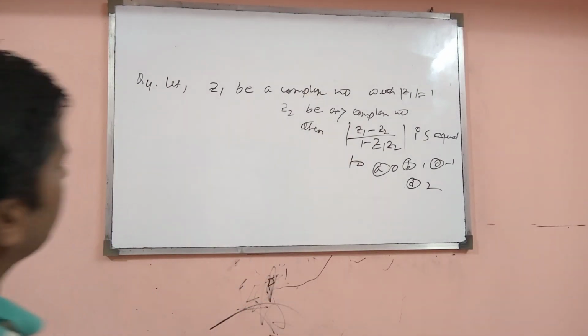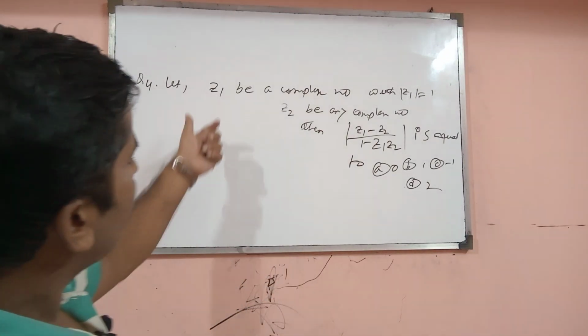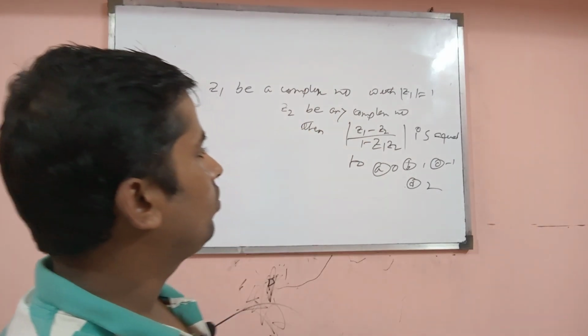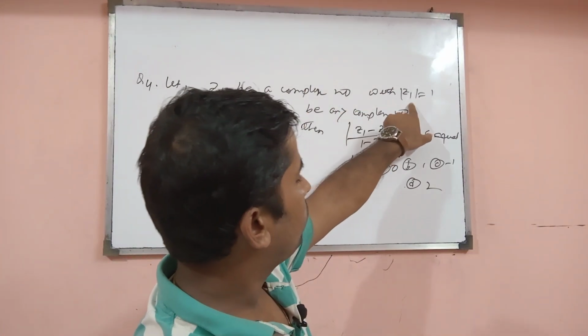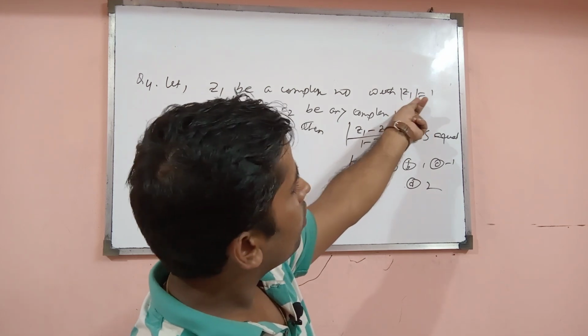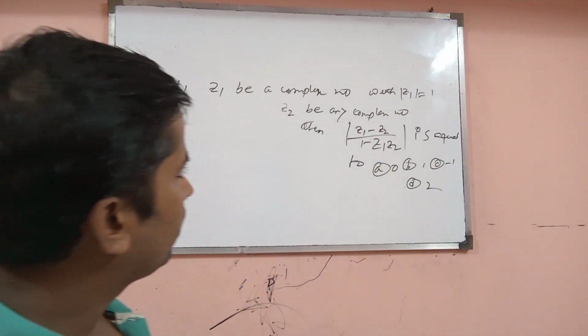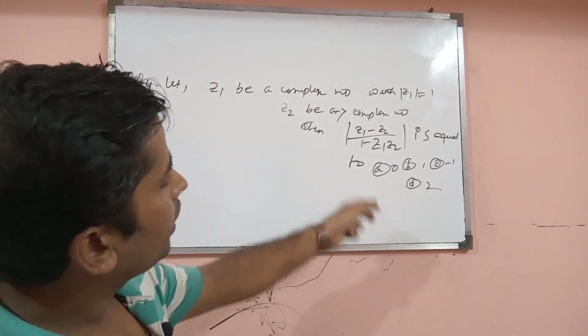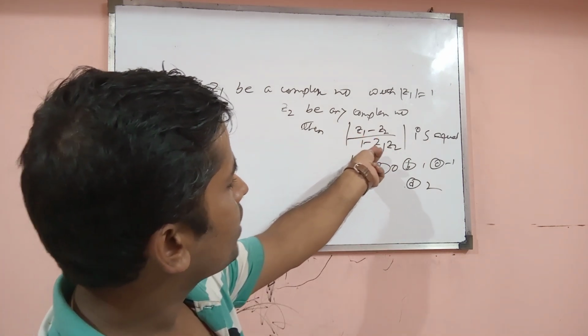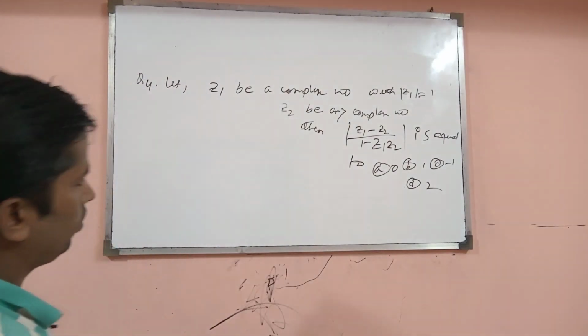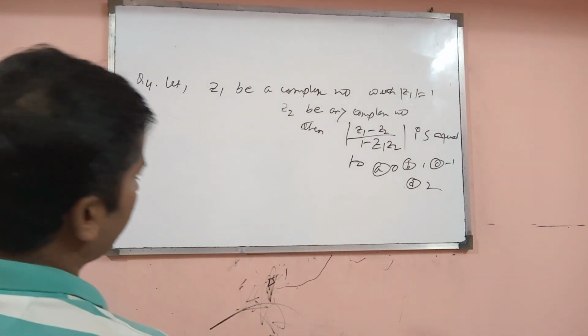Okay, so there are two complex numbers z1 and z2, and it is also given that modulus of z1 is equal to 1. So we are asked to find mod z1 minus z2 by 1 minus z1 bar z2. So how to do? Let's see.